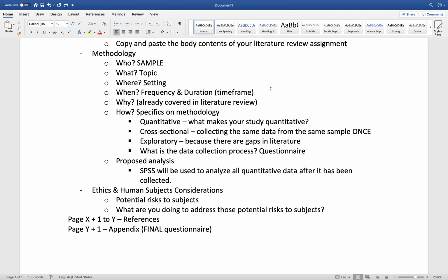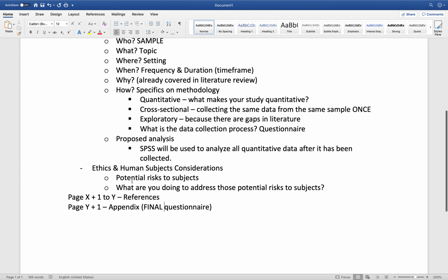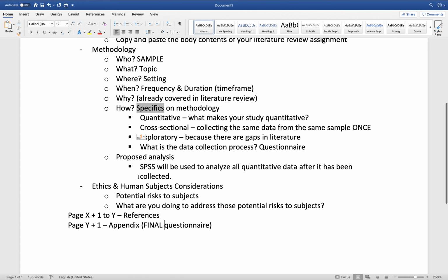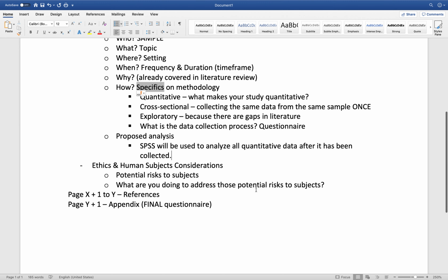You're going to be talking about why your study is quantitative, what makes it quantitative, what makes it cross-sectional, what makes it exploratory, and what the data collection process is, which is you're simply writing out that the data will be collected through a questionnaire. And you'll also include see Appendix A. And then finally, within the methodology section, you have your proposed analysis, simply stating that SPSS will be used to analyze all quantitative data after it's been collected.